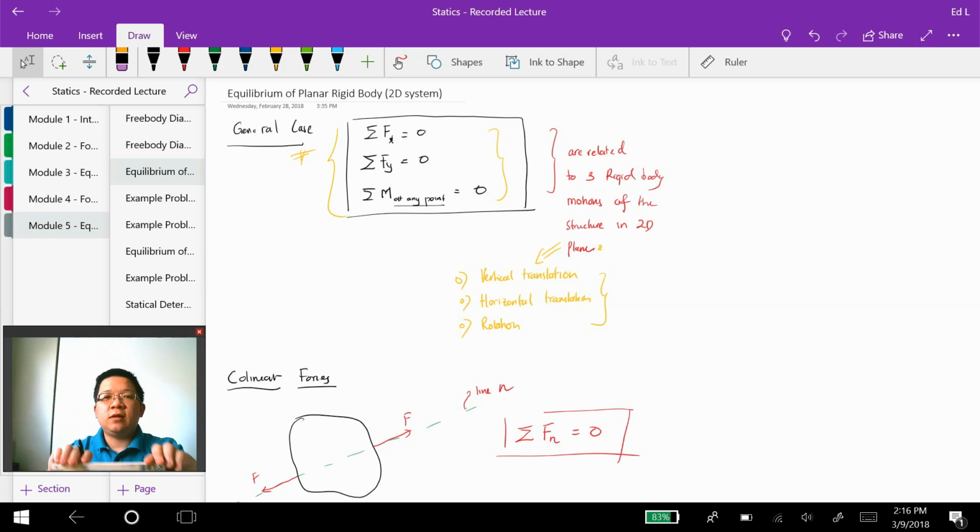Since we are able to write three equilibrium equations, the problems we solve have to involve at most three unknowns. Otherwise, if we have more than three unknowns, then we have to think deeper about whether those problems can be solved with these equilibrium equations or not.